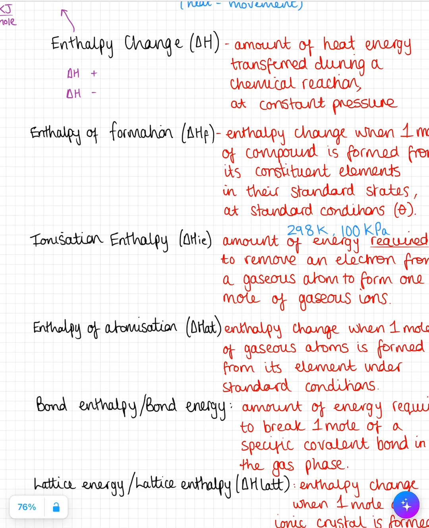If our enthalpy change is a positive value, this refers to an endothermic reaction where energy is being taken in from the surroundings, and a negative enthalpy is an exothermic process, meaning energy has been released to the surroundings. So exothermic, energy released to the surroundings; endothermic, energy absorbed from the surroundings.